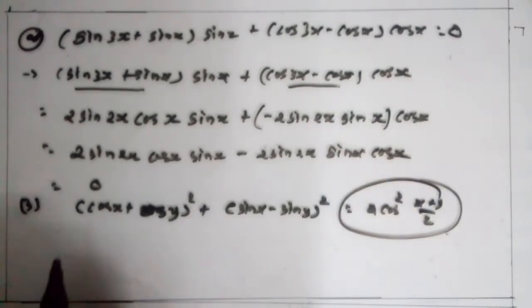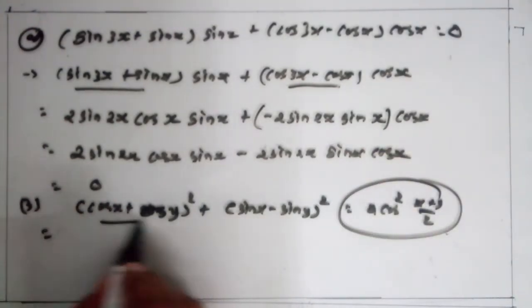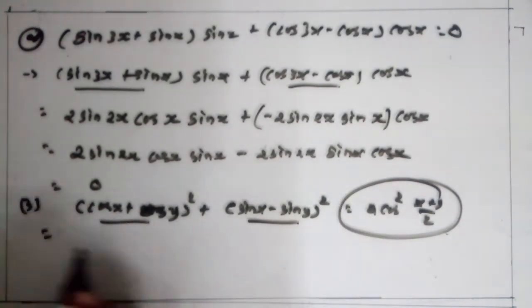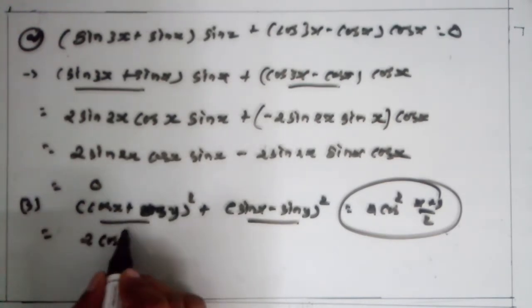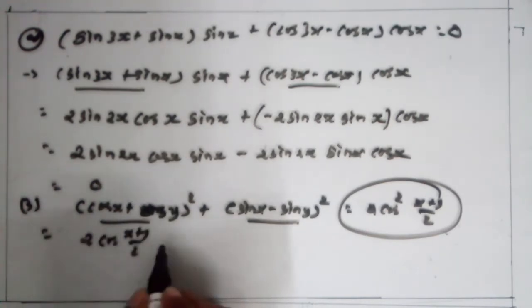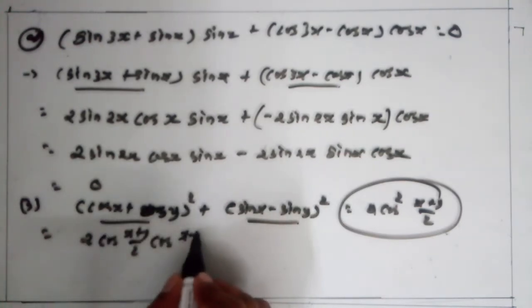Prove this. So take the left hand side, apply cos C plus cos D, and here apply sin C minus sin D. Cos C plus cos D is equal to, we know, 2 cos((x+y)/2) into cos of the subtraction of these two divided by 2, that is (x−y)/2.